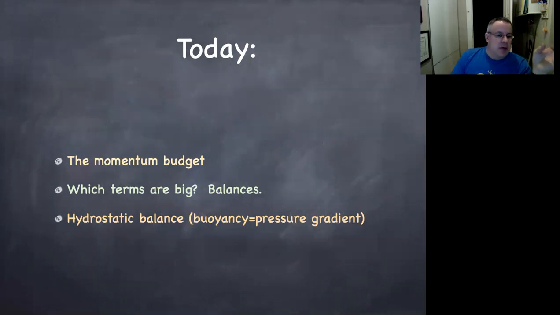We're going to discuss a lot of these dominant balances, one term versus another term. The hydrostatic balance is the first example, where the buoyancy equals the pressure gradient, or the force of gravity equals the pressure gradient as well. We're going to see a little bit about buoyancy when we talk about the Boussinesq approximation.